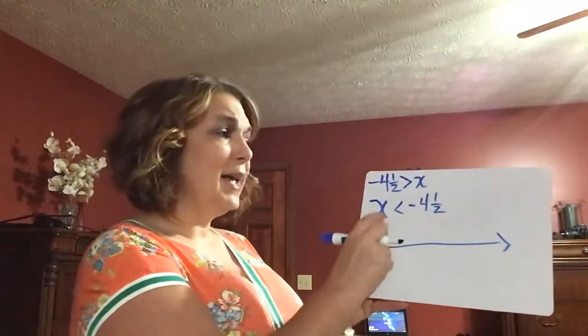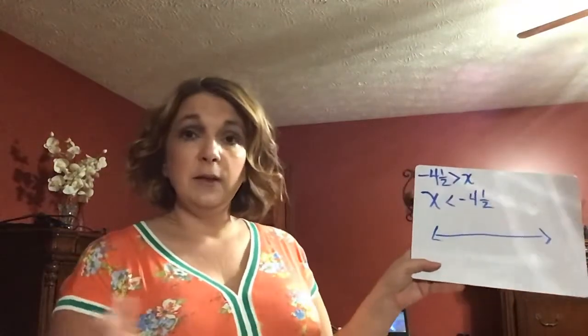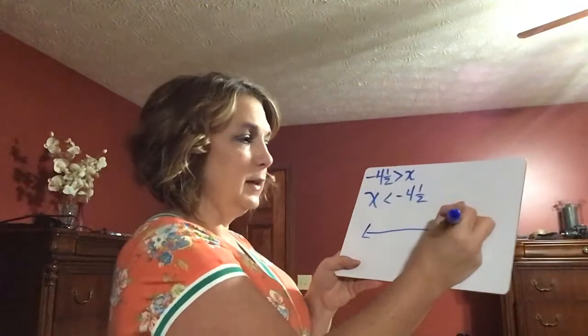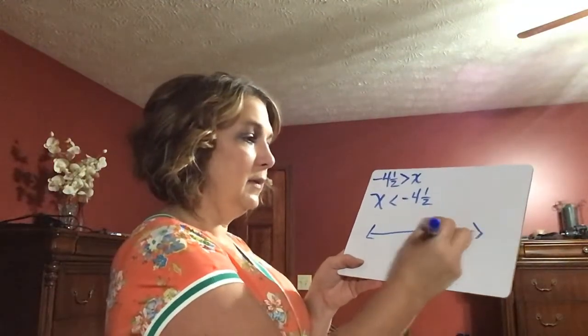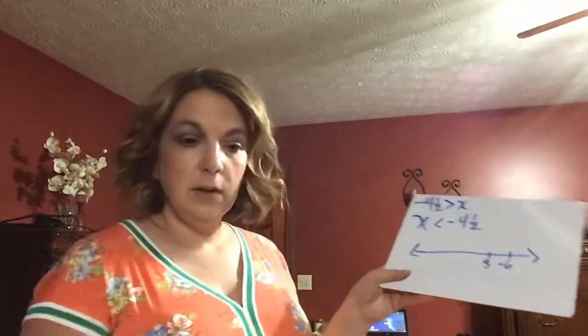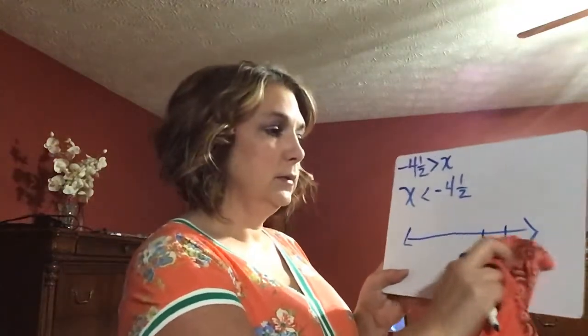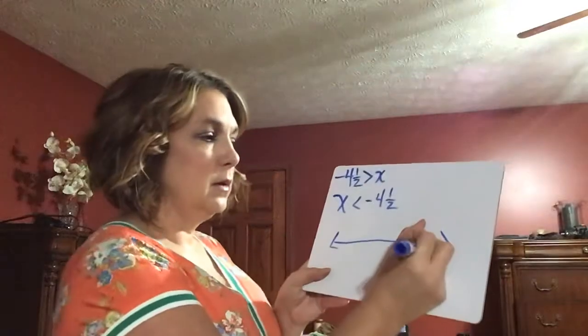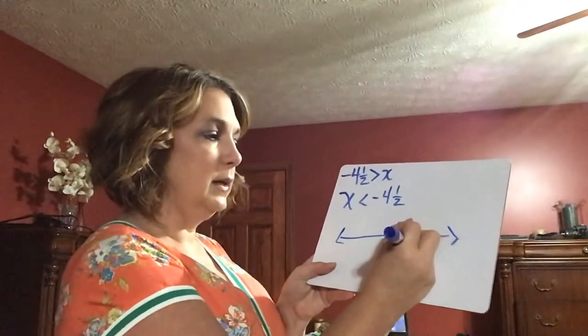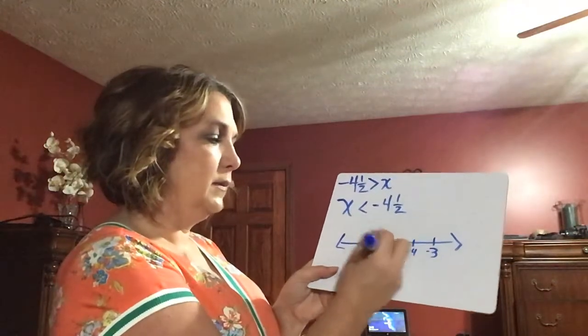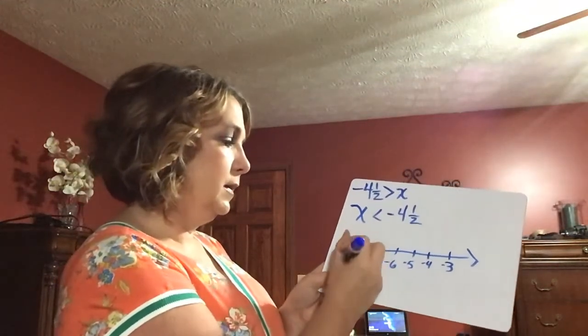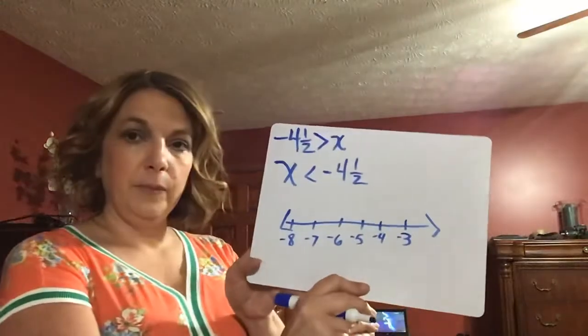So, if x is less than negative 4.5, my line is going to go to the left. Uh-oh, I'm counting wrong. Negative 3, negative 4, negative 5, negative 6, negative 7, negative 8.